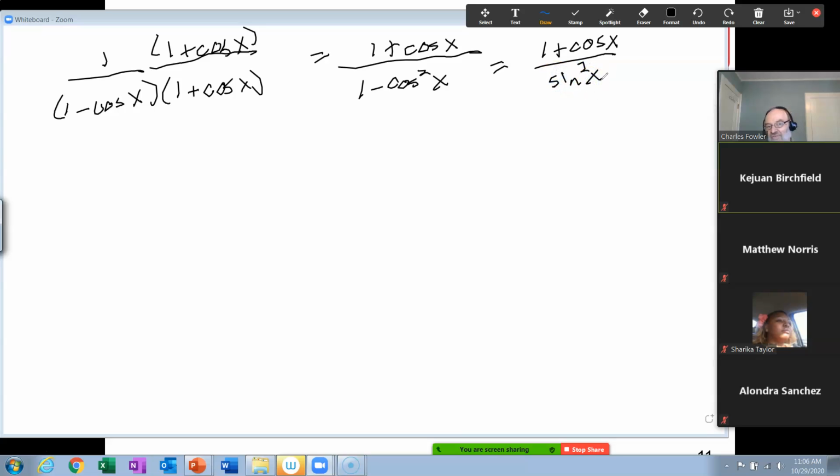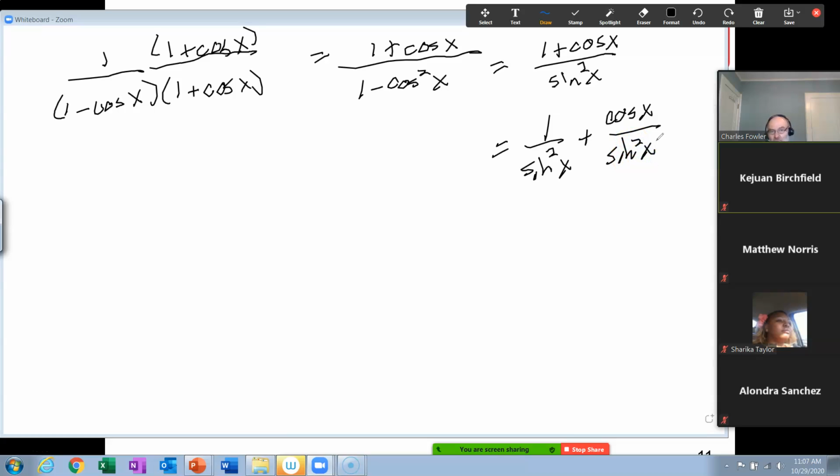Now, that doesn't look a lot easier, but guess what? Okay, you can express this. This isn't the only thing you can do, but you could. Because you have a binomial in the numerator and a monomial in the denominator, this could be written as 1 over sine squared x, plus cosine x over sine squared x.